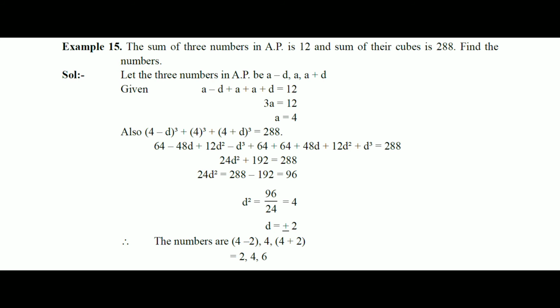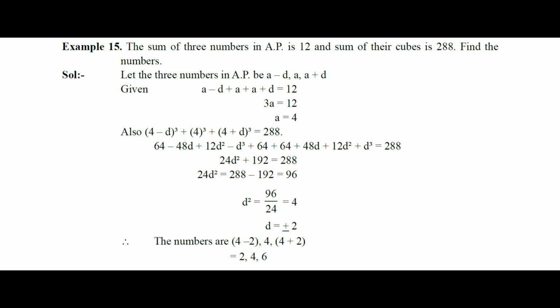Now the cubes in the brackets can be opened using the formula of a minus b whole cube and a plus b whole cube. So the first term will be 4 minus d whole cube: a cube 64, minus 3a square b gives minus 48d, then plus 3ab square, that is 12d square, and last term is minus d cube, that is minus b cube.